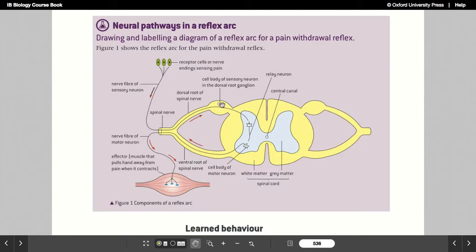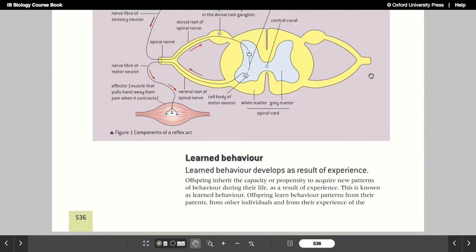The sensory neuron lives kind of out in the peripheral, well, this is peripheral. I would say this yellow part is peripheral, and this blue part is central. And the motor neuron is inside of the central nervous system and comes out into the peripheral. Anyway, in the past they've had you guys label this as an image, so just know this, because we talk about this reflex arc all the time.